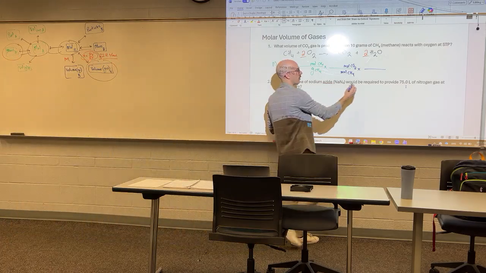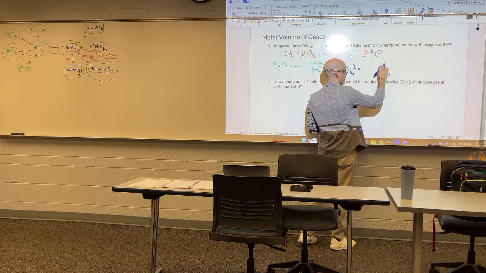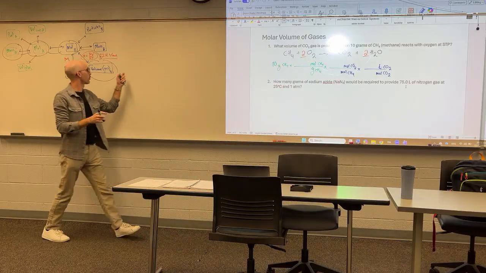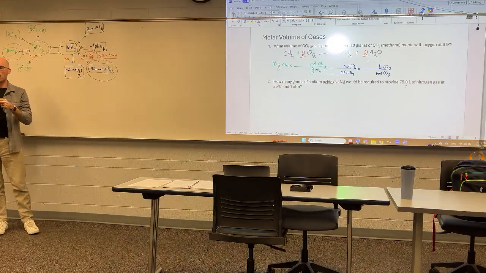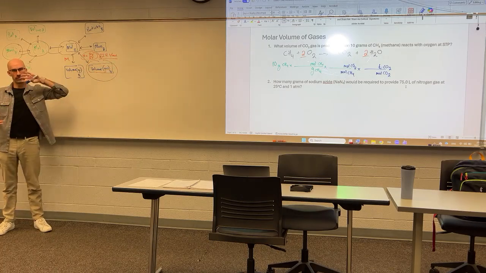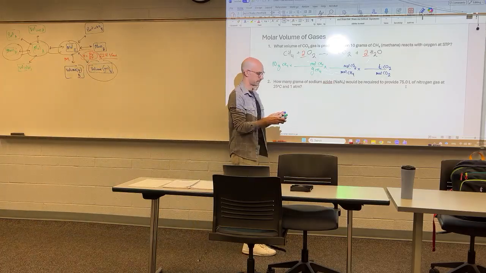Moles of CO2 on the bottom. Liters of CO2 on the top. Moles per liter, molar volume. Technically, this is written as liters per mole. Either way, flip it upside down, it works all the same.